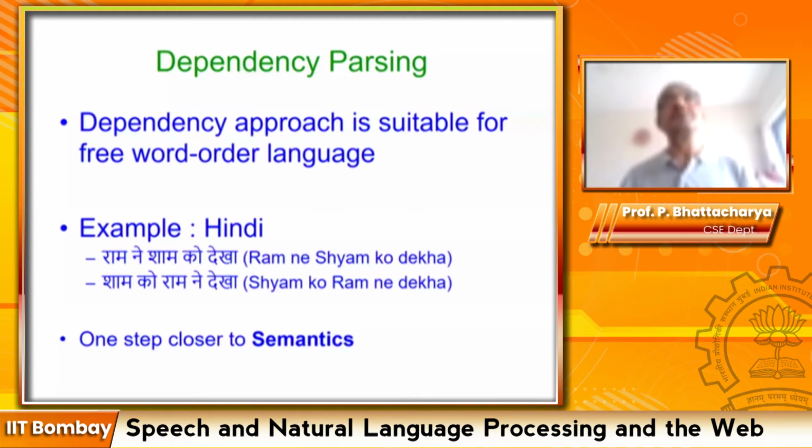You see, now Sham has come to the front. So the normal order is called canonical order. It has the highest frequency in the corpus. When we want to give emphasis or bring out something special in the meaning, we temper with the word order of the language.